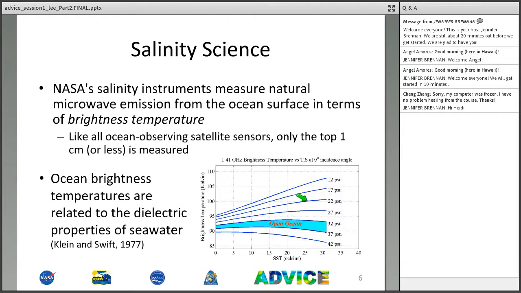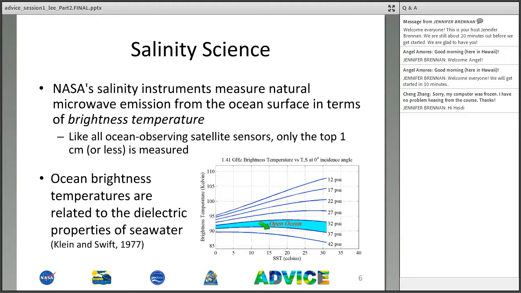Now, if you look at a certain temperature in the warmer water, for example, 20 to 30 degrees or so, and that's tropical waters, when you change salinity by the same amount, let's say from 37 to 32 PSU, you will see a larger change of brightness temperature, that's in the vertical, than what you have seen in cooler water, right?